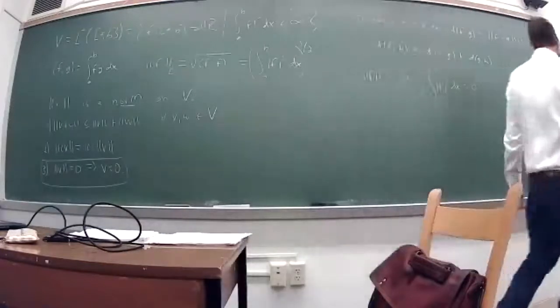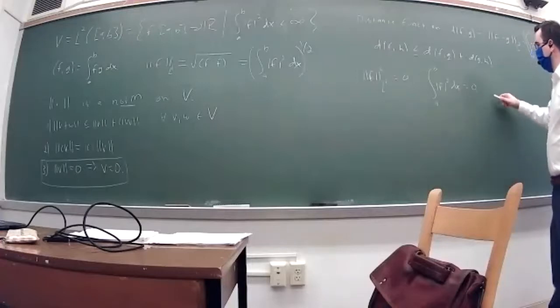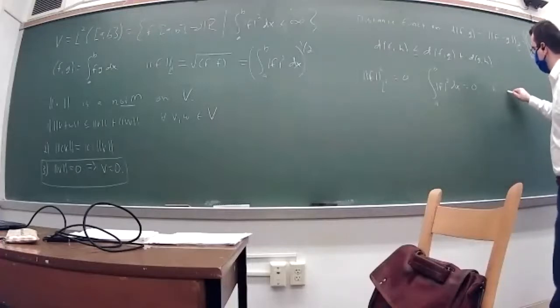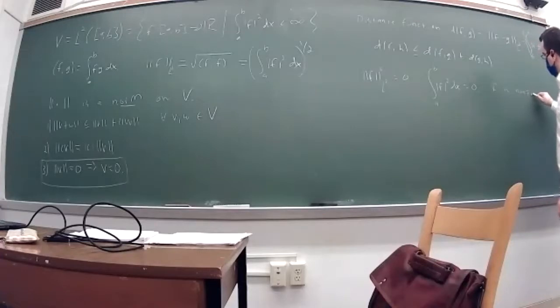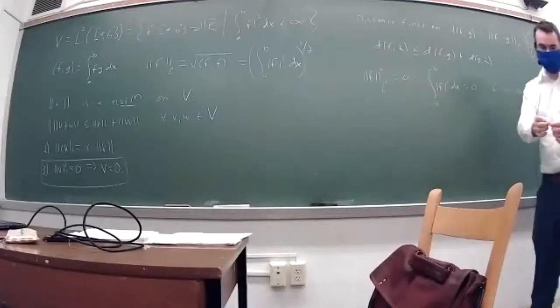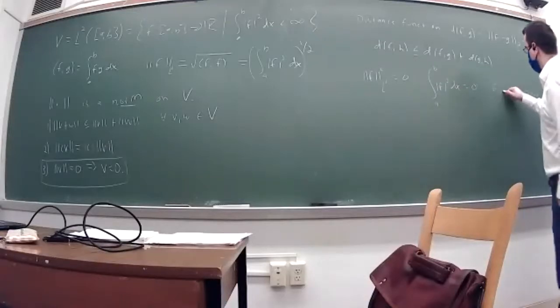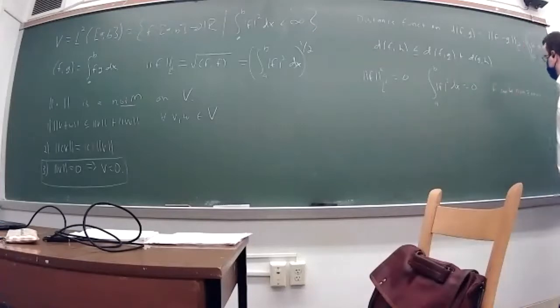So it could be true that f is non-zero on a point, or on a discrete set of points. So f can be non-zero, more formally, on a set of measure 0.